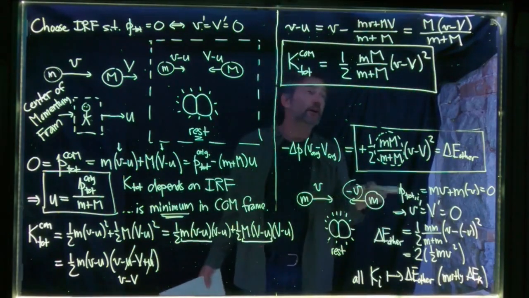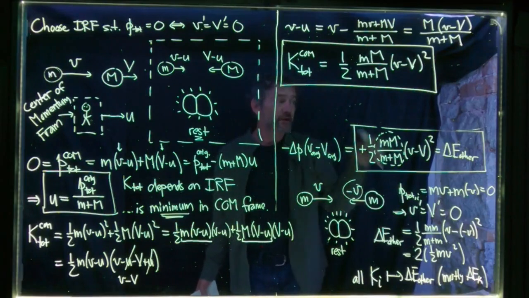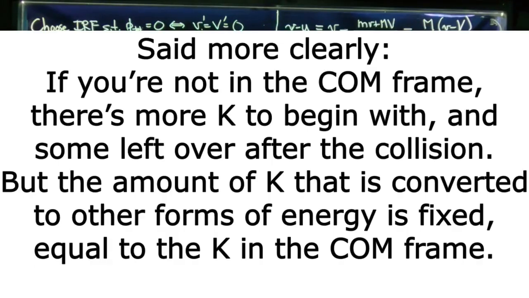So that's a really nice and powerful result, and you see that it's identical to the other result that we had, okay? So what's happening is if you start in a frame of reference where the total momentum is not initially zero, you'll have this hit and stick collision, and some of the kinetic energy will be converted into other forms of energy. Whereas if you move to the center of mass frame, then all of the original kinetic energy goes into other forms of energy.